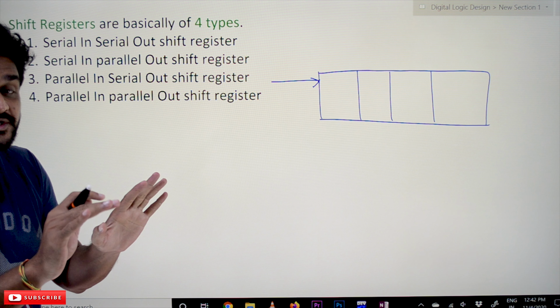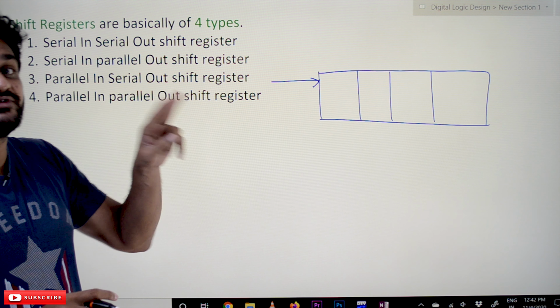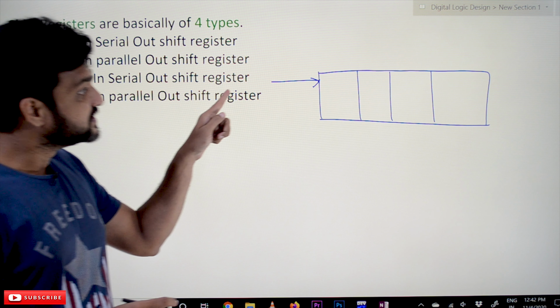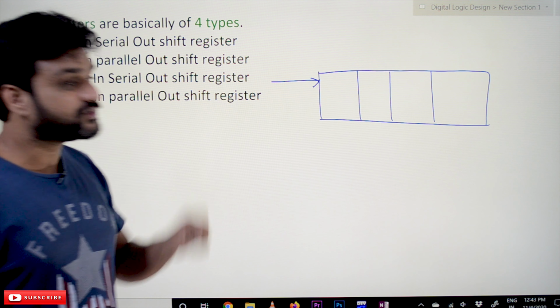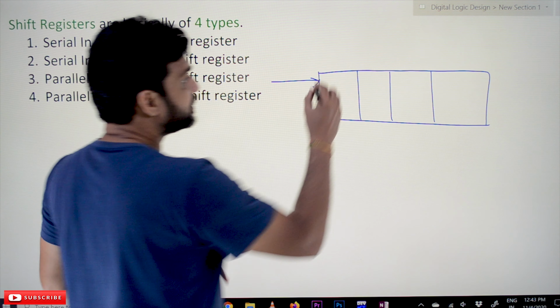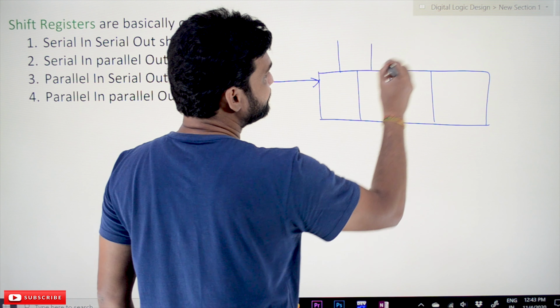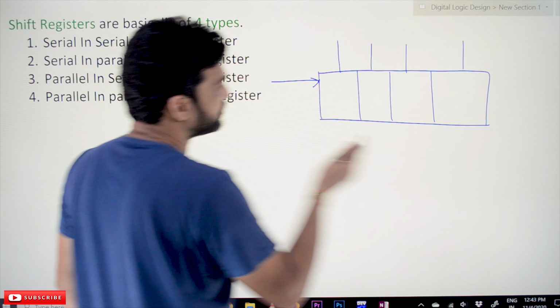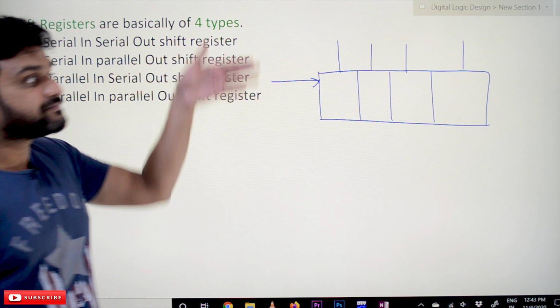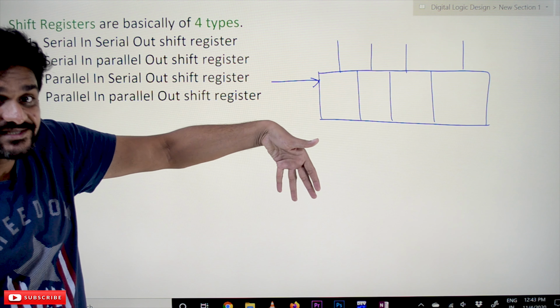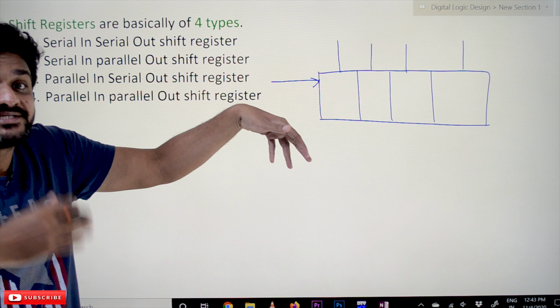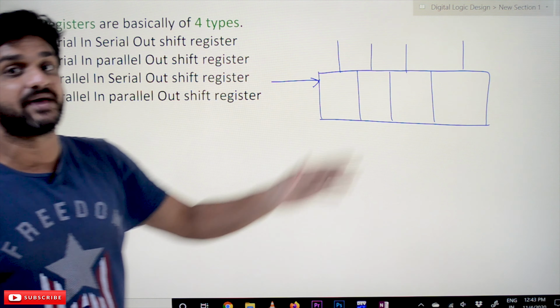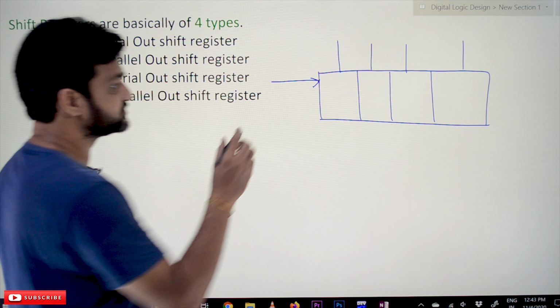So the inputs can be provided to the shift register in two ways. One is serial input, and the other is parallel input. The inputs can be provided serially, or the inputs can be provided in parallel, and as and when the clock is applied, the shifting happens. Let's try to understand this very clearly.